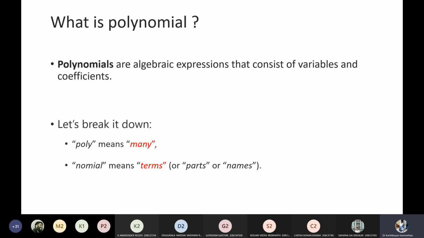So instead of y is equal to mx plus c, we have y is equal to mx1 plus mx1 squared plus mx1 cube plus mx1 power 4 plus your constant c.